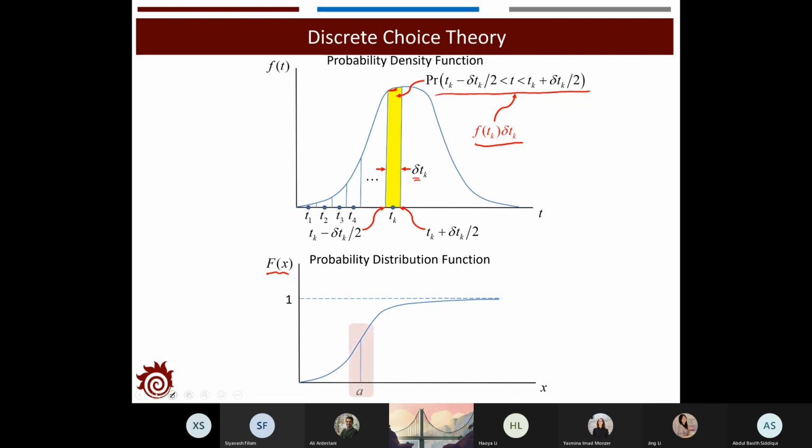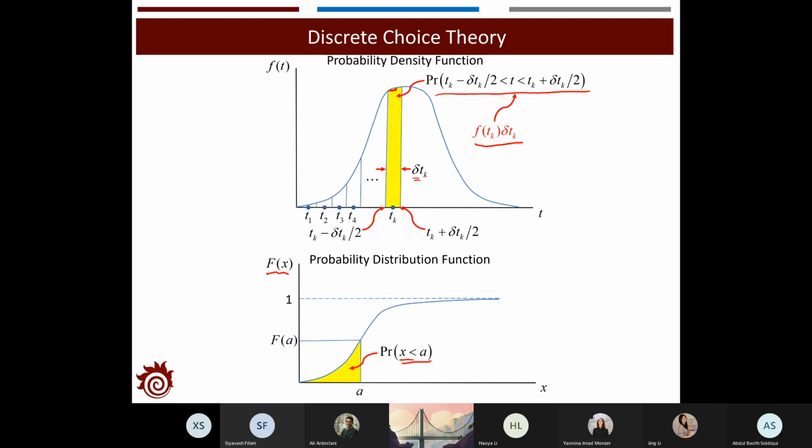Now regarding the CDF, based on its definition, for any specific value, say A, the yellow region on the left side of A represents the probability that all the values are smaller than A. So that's the definition of the CDF.